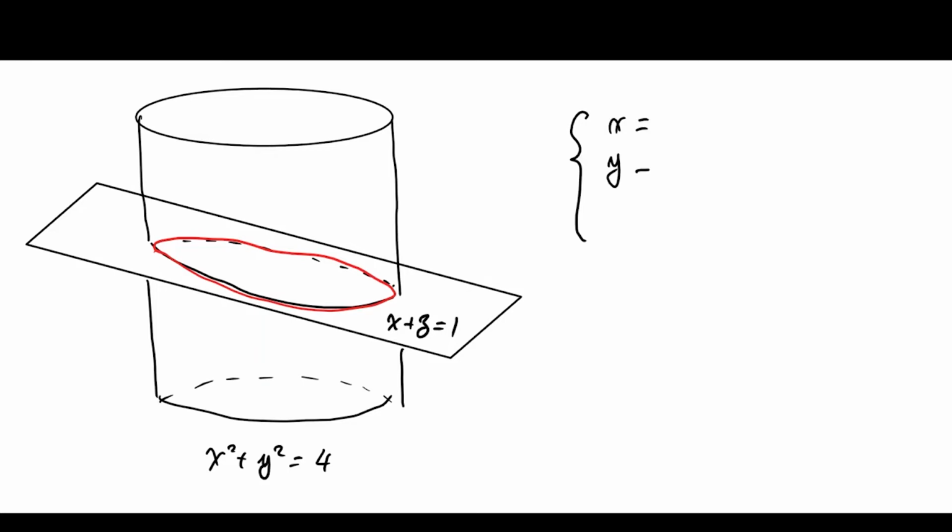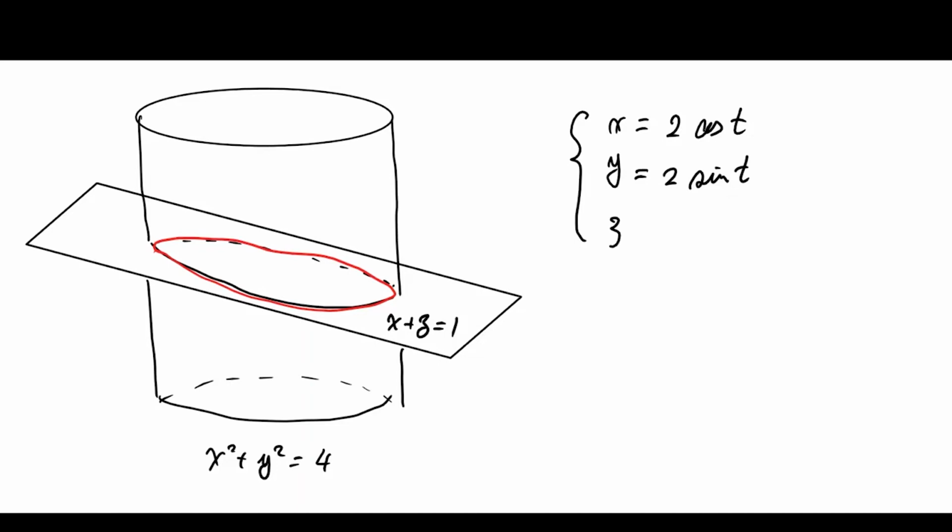See, we have to have a circular motion. So why don't we just start with 2 cosine t and 2 sine t? So at least we have circular motion. If you're looking down from the top like before, now our radius is 2. Now we are supposed to give an elevation, z value.